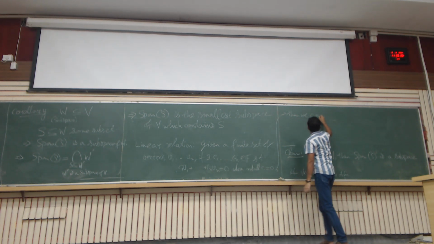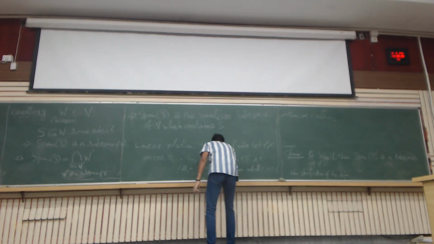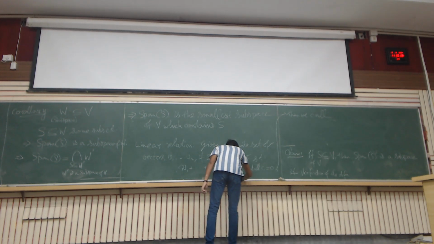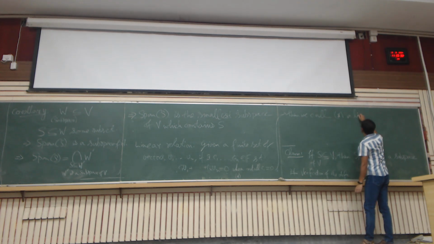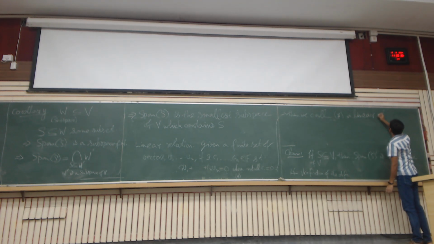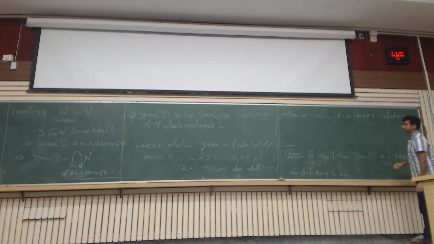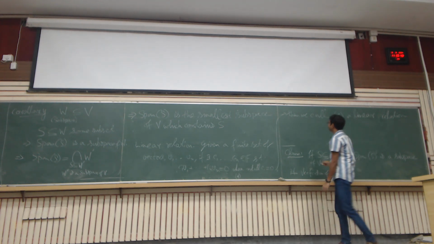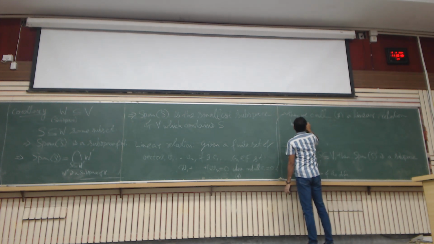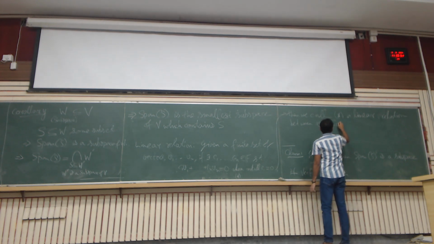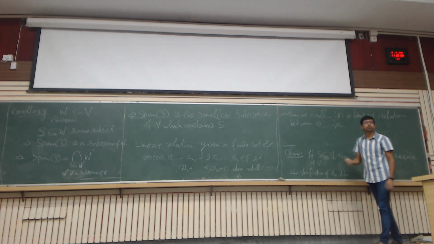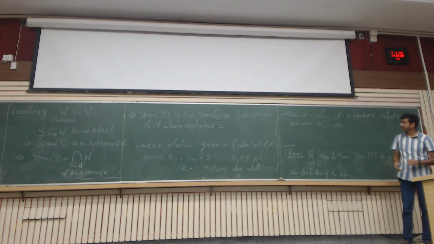We give this equation a name, say star, a linear relation between V1 to Vn. So if some linear combination is 0, then we call that a linear relation among the given set of vectors. Okay?